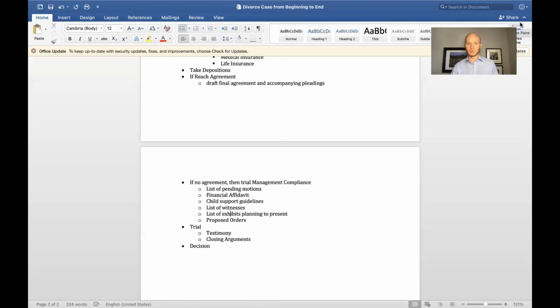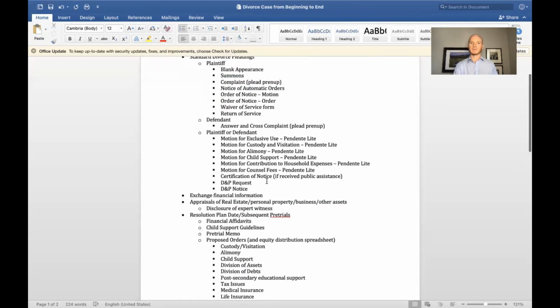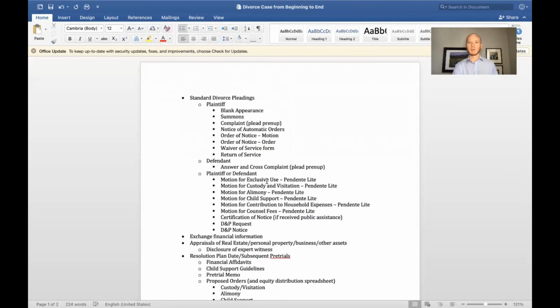And then that's the conclusion of the case. A judge has 120 days after the final day of trial to issue a decision. So that's the divorce process in a nutshell from beginning to end. And then we're going to have some other content that really gets into the details of a lot of these other steps, so you have that information.